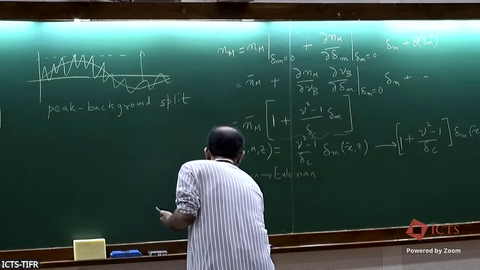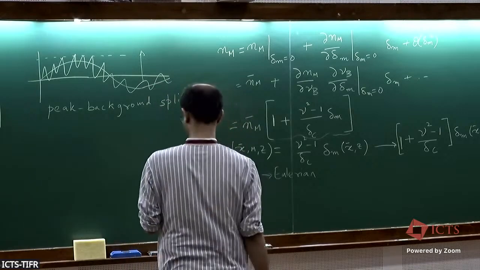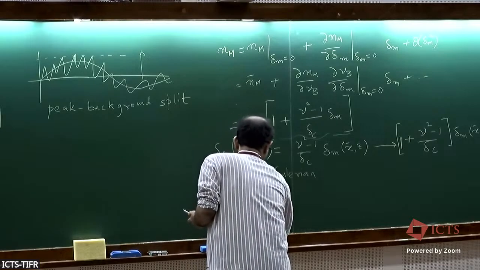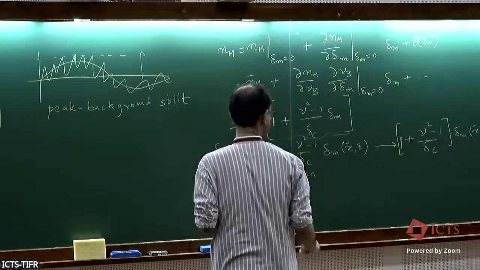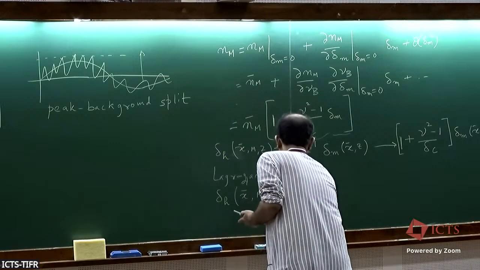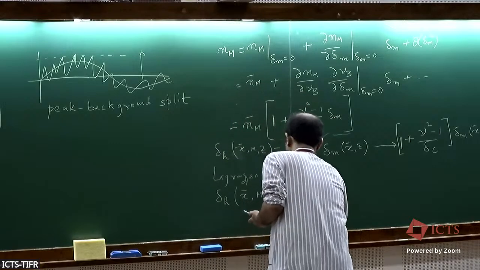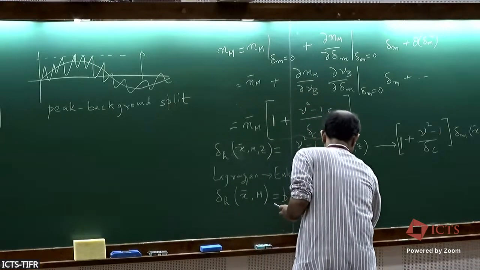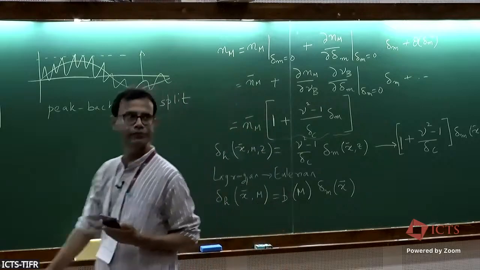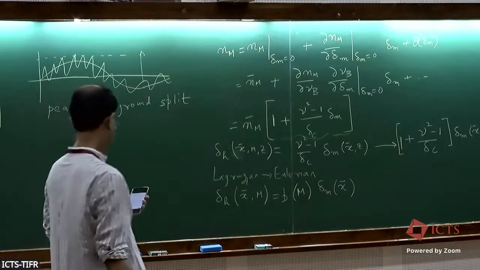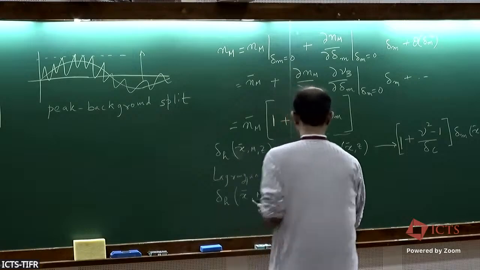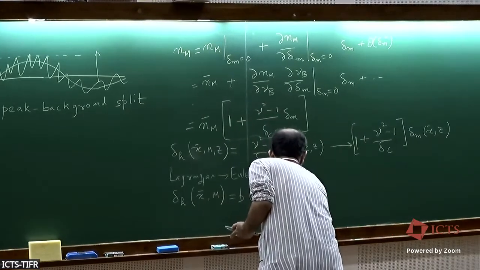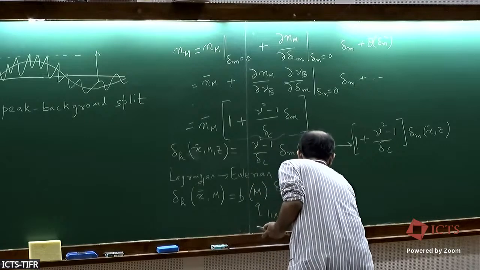Often this is written as delta H x m. I'm suppressing the z because everything is happening at the same redshift, as Bm times delta M x, where Bm is known as the linear halo bias.